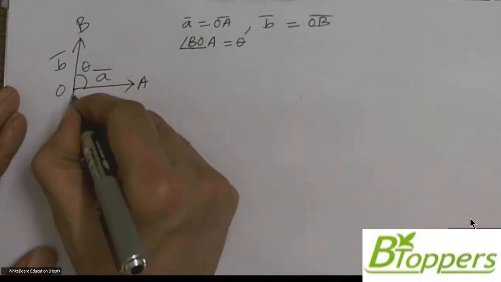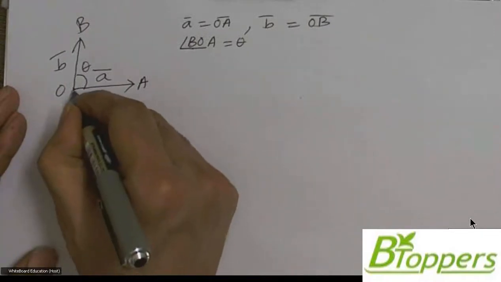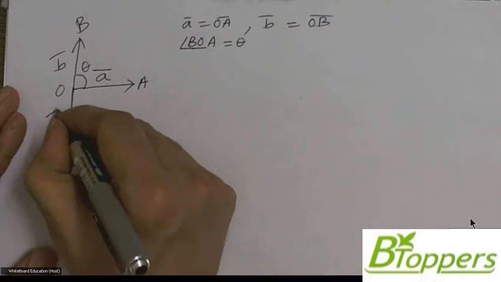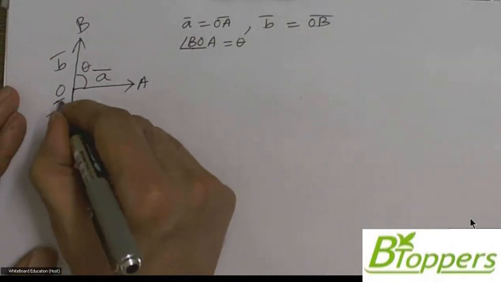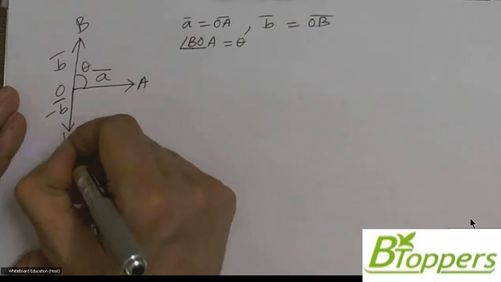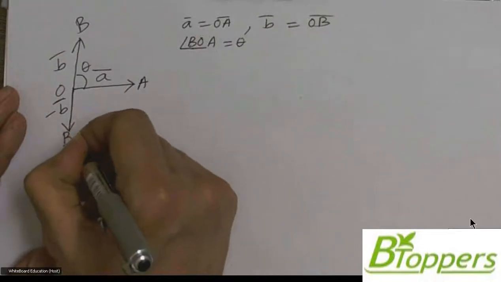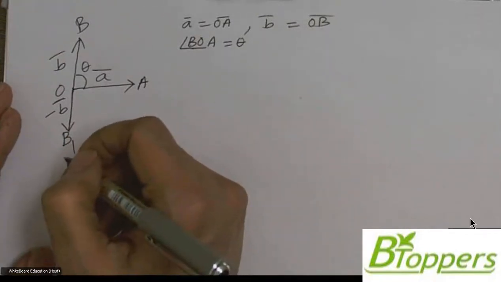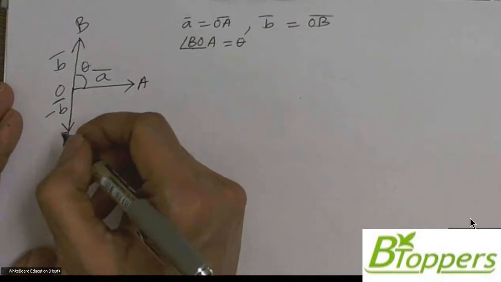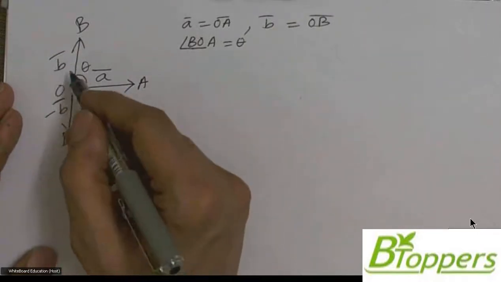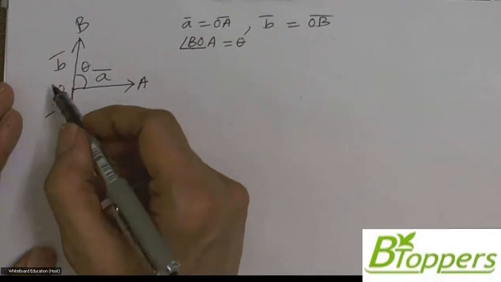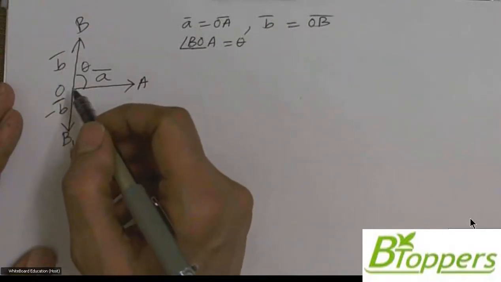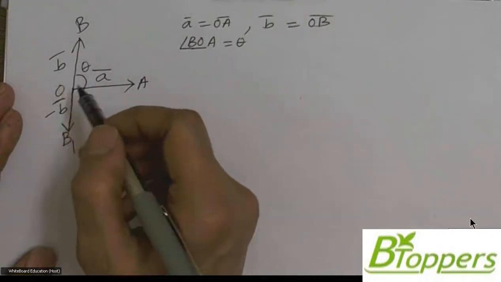From the definition of negative vector, if B bar is a vector, then minus B bar represents another vector which has the same magnitude as the vector B bar but acts in the opposite direction to B bar.